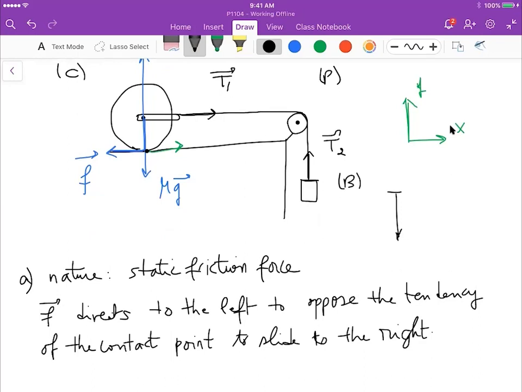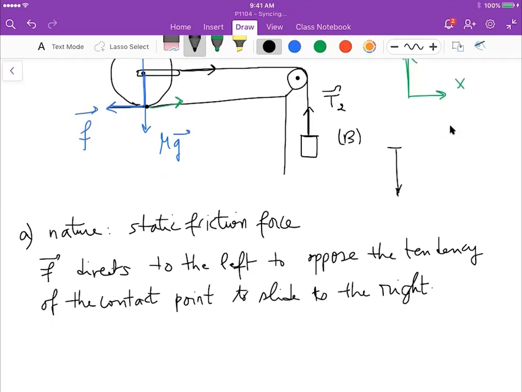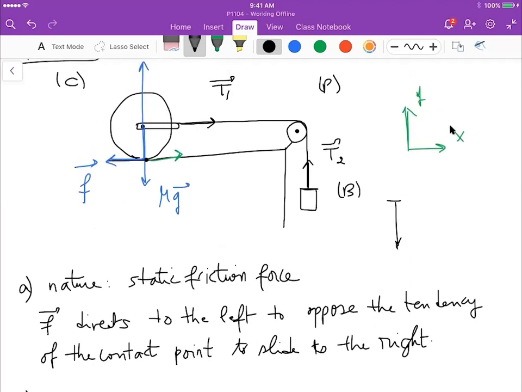So this way we have all the forces that are acting on the cylinder. This is the first question. Now, the second question was part B. You have to find the acceleration A of the block in terms of g. So now let's have a look at the block. The block is moving downward.